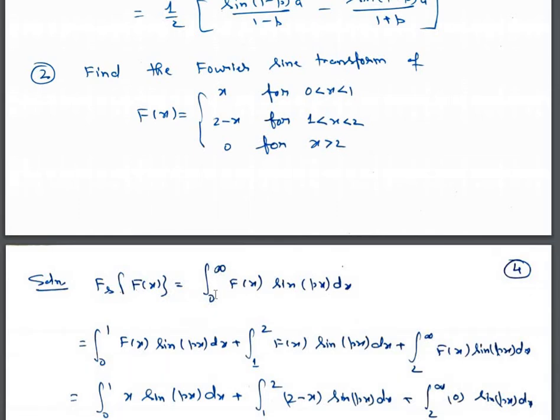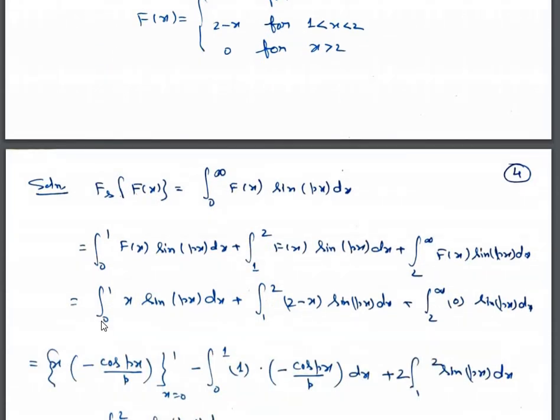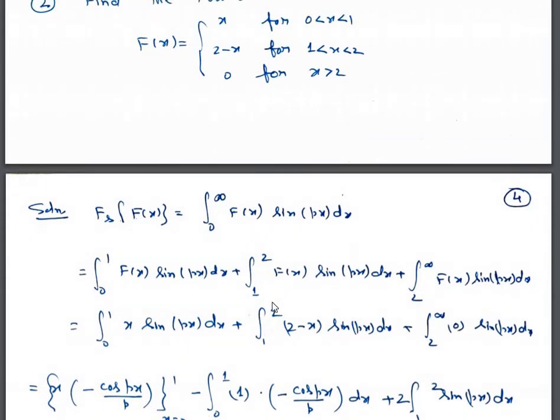Now here we have to break 0 to infinity into 3 parts: 0 to 1, 1 to 2, and 2 to infinity. So this is equal to integral 0 to 1 x sin px dx plus integral 1 to 2 (2 minus x) sin px dx plus integral 2 to infinity 0 into sin px dx.